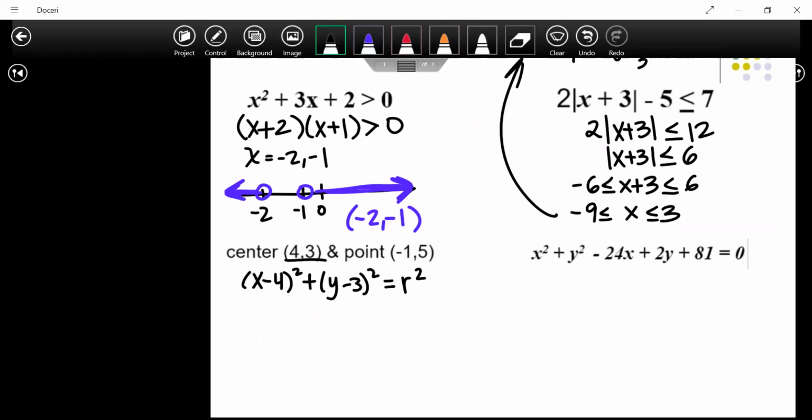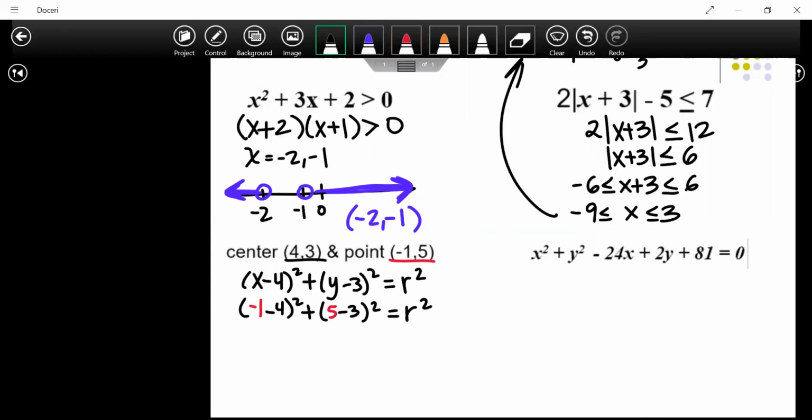Now we're going to take our point and plug it into the equation. So it's going to be -5 minus 4 squared plus 5 minus 3 squared is equal to r squared.